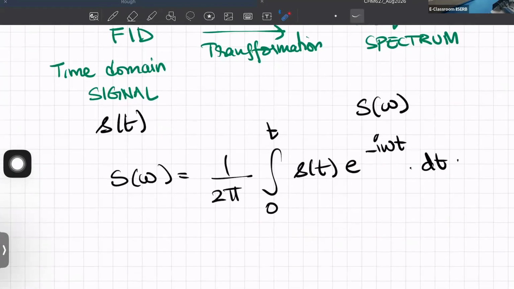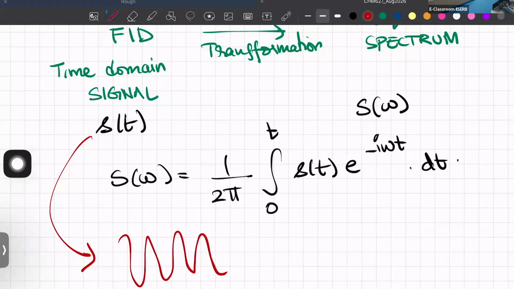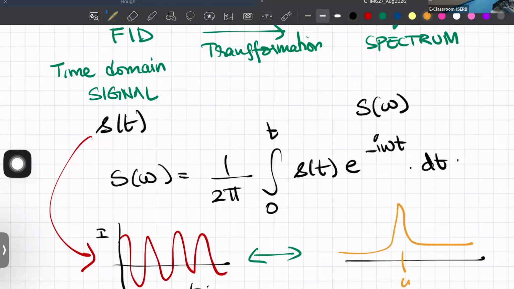Meaning, whatever you started off with, if you had s of t as an oscillation, when you Fourier transform, you will be able to get a frequency domain spectrum.